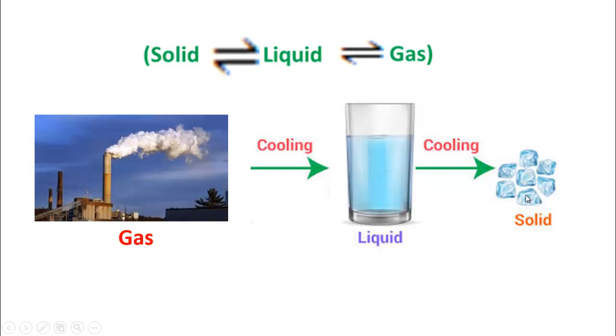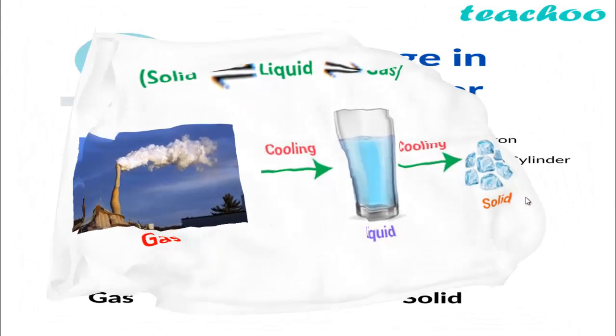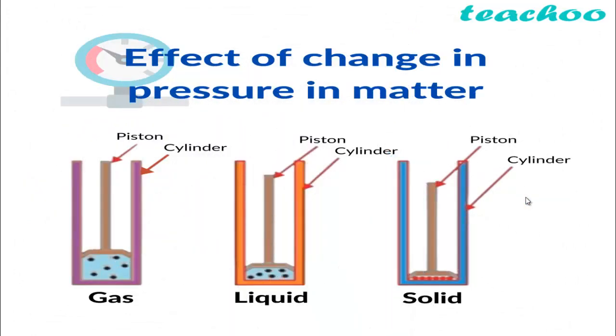And there is also another way by which we can convert gas to liquid and liquid to solid, and that is applying pressure. If we apply pressure to a gaseous substance, follow here, using a piston we can apply external pressure to the gaseous substance. At that time what will happen? The intermolecular distance will decrease and the intermolecular attraction force will increase, and at some point it is converted into the liquid state.